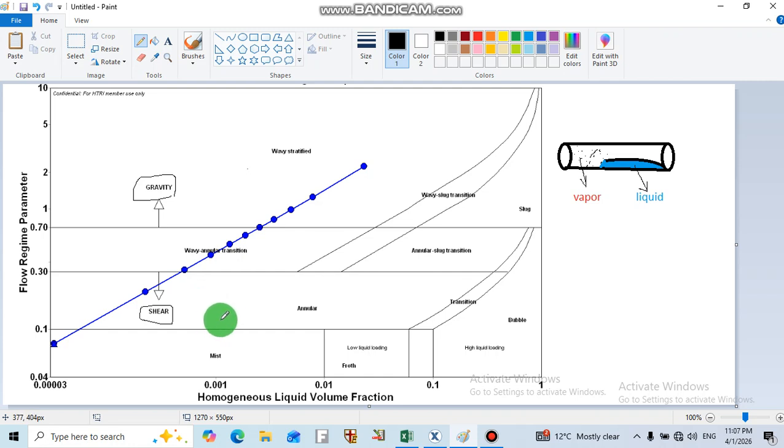Sometimes HTRI shows a gravity flow regime, and we should avoid this kind of issue on the flow regime parameter. So what's the reason and concept behind this gravity flow regime?